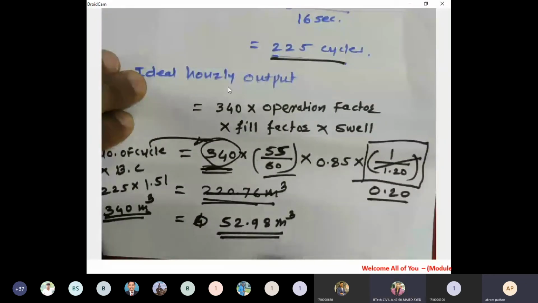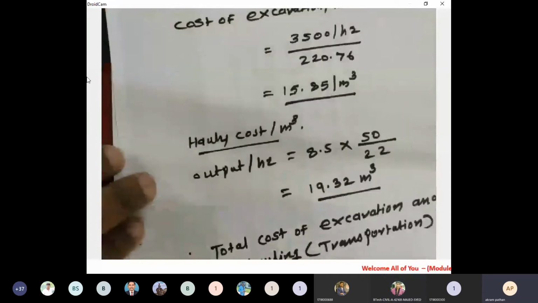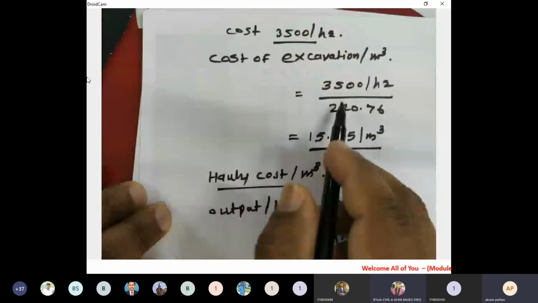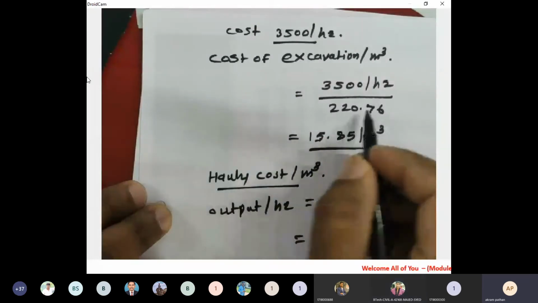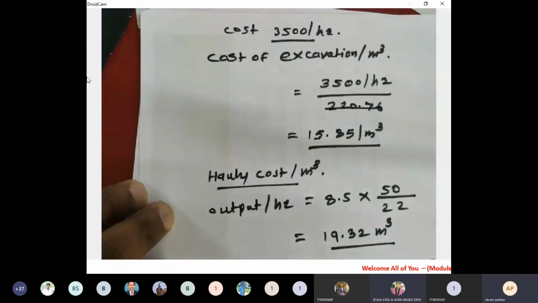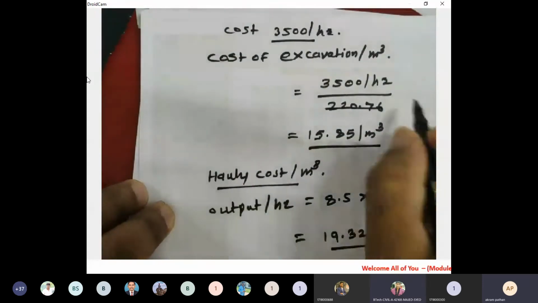So 52.98. Here the cost of excavation is given as 3500 per hour, and we have to take the output we calculated earlier, 52.98.